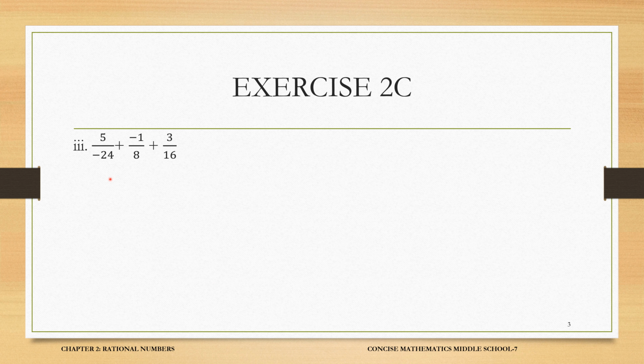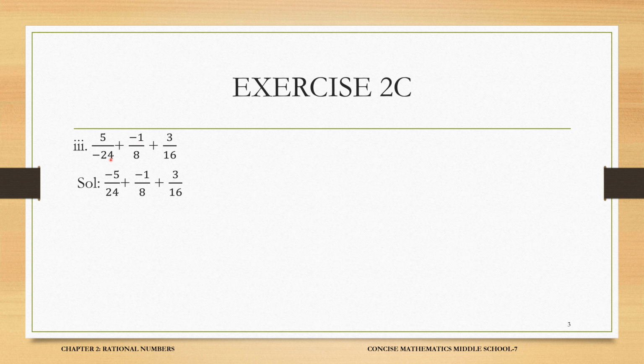Look here, children, the denominators are different. So our first aim is to make the denominators equal. For making the denominators equal, we need to take the LCM of 24, 8 and 16. Before that, I have changed this into a standard rational form. Minus is in the denominator here, but in standard rational form it should be in the numerator.